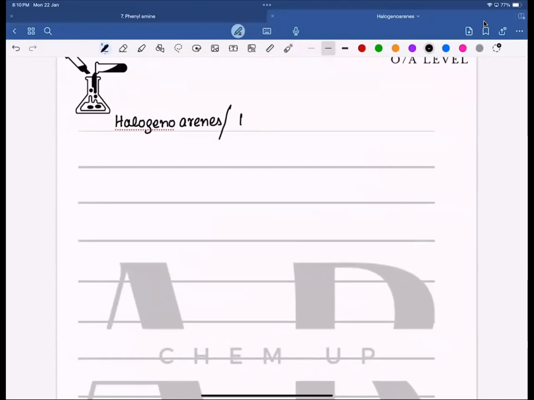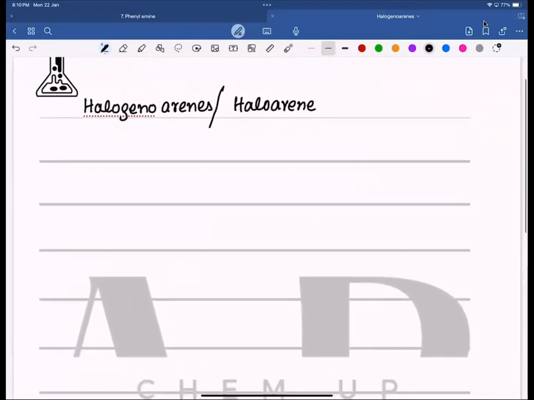Halogenarenes are also named as haloarenes. What we know about arene is that when we say arene, it means the compounds which have a benzene ring in them.